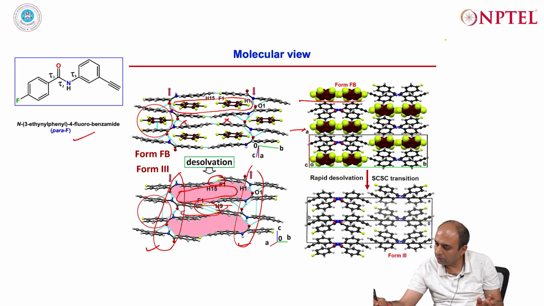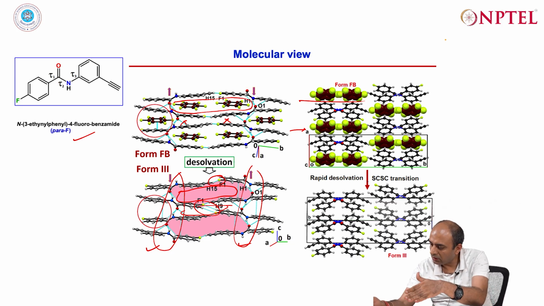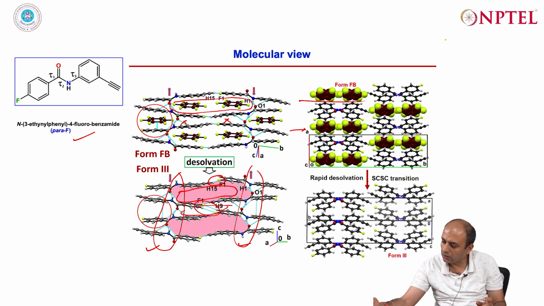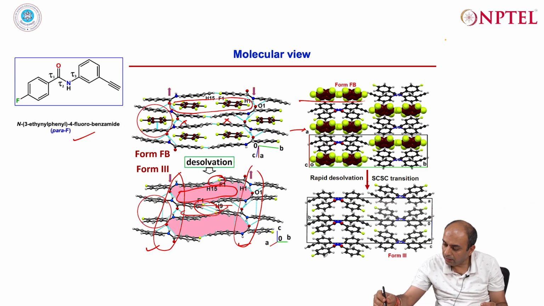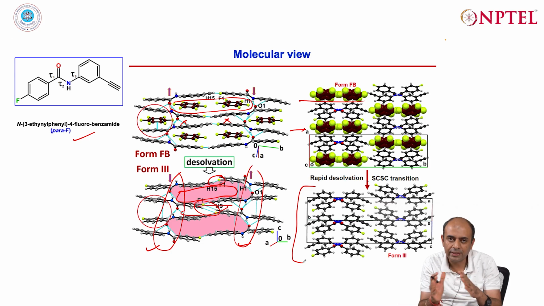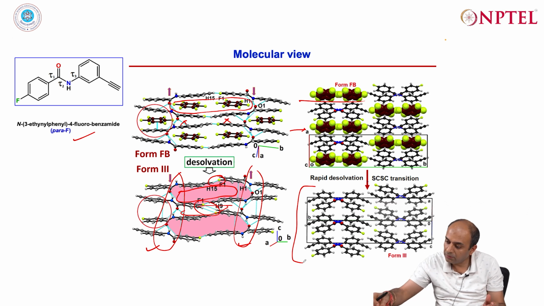The solvents have essentially been removed, and there is a partial collapse of the structure, in the sense that now the molecules come close to each other, thereby indicating that desolvation can happen in a very facile way in the structures without the loss of crystallinity, and thus we are able to determine the structure after the loss of the solvent. Normally, if the solvent or the guest is expelled, the crystallinity is lost and the structure collapses, but in this case we are very nicely able to capture the single crystal to single crystal phase transition.